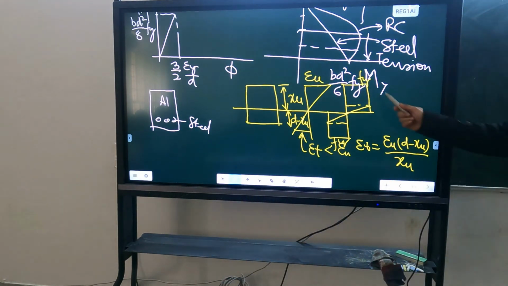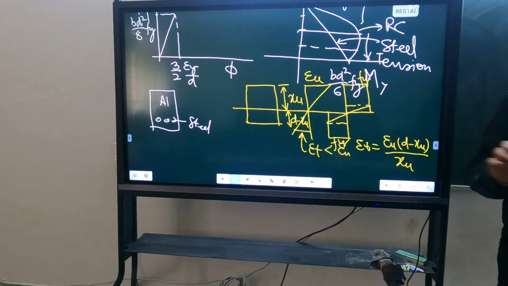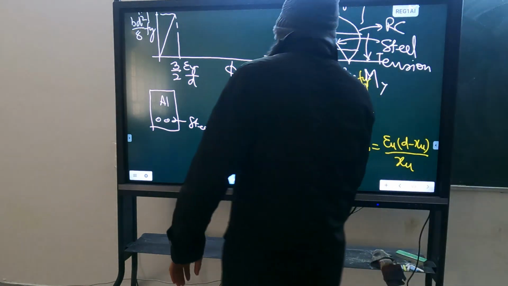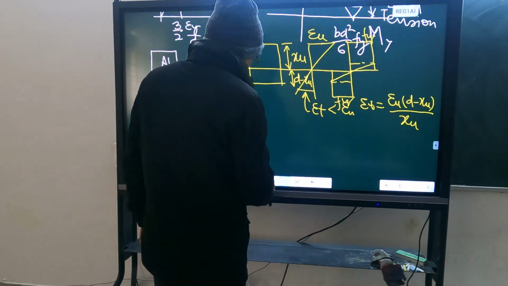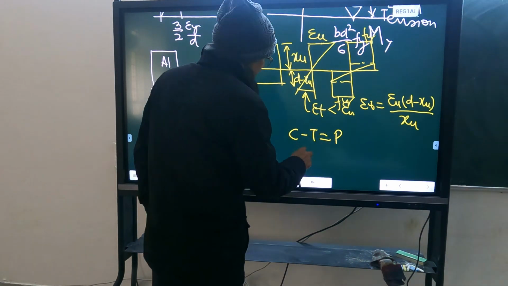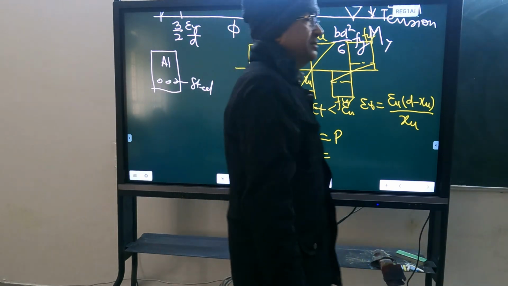So let's first assume the full section has plastified like this. It will make error, but that error is going to be very, very small. Let's do that and then calculate C and T, equate that equal to P and calculate XU in this case.